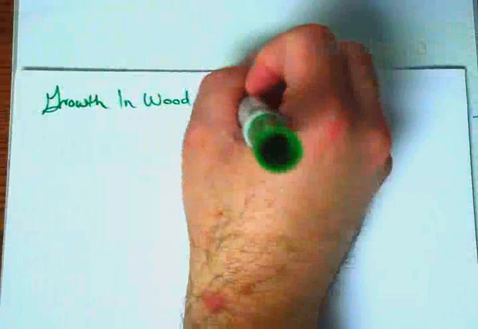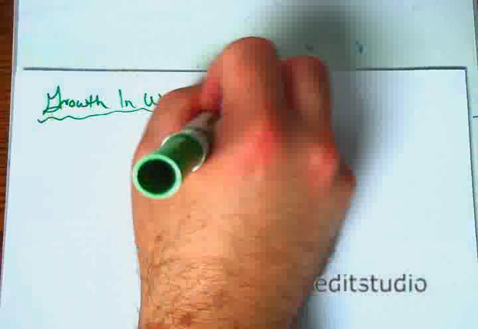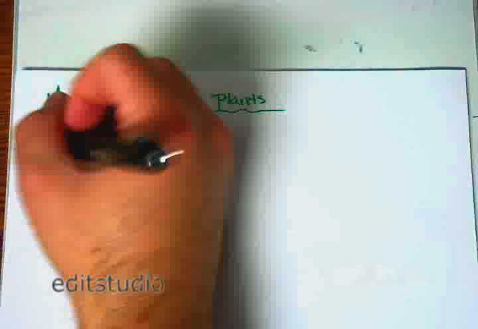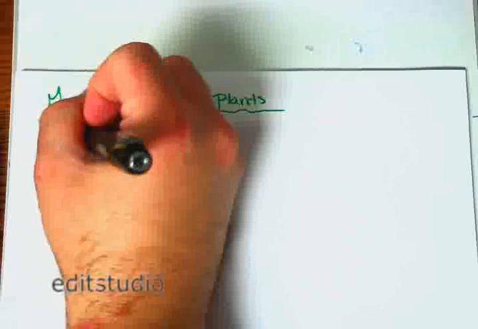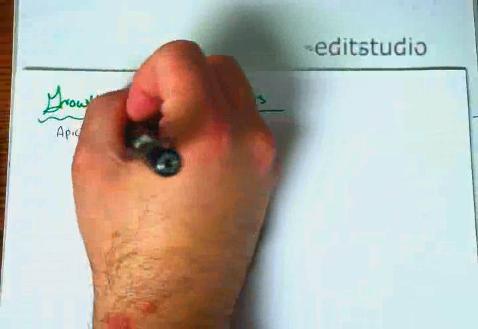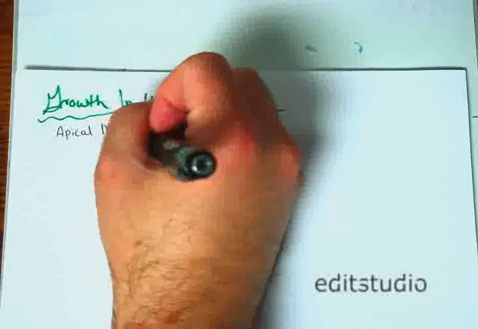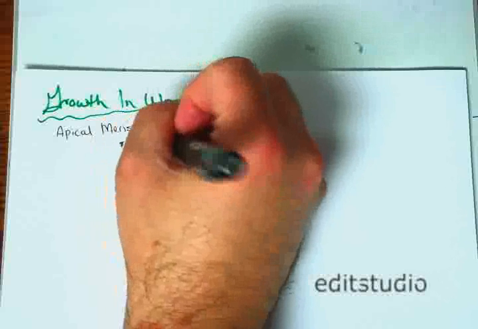Let's talk about growth in woody plants. We still know that there's an apical meristem, and that apical meristem is always utilized for what purpose? Growth of the tip upward, all about this quest for sunlight.